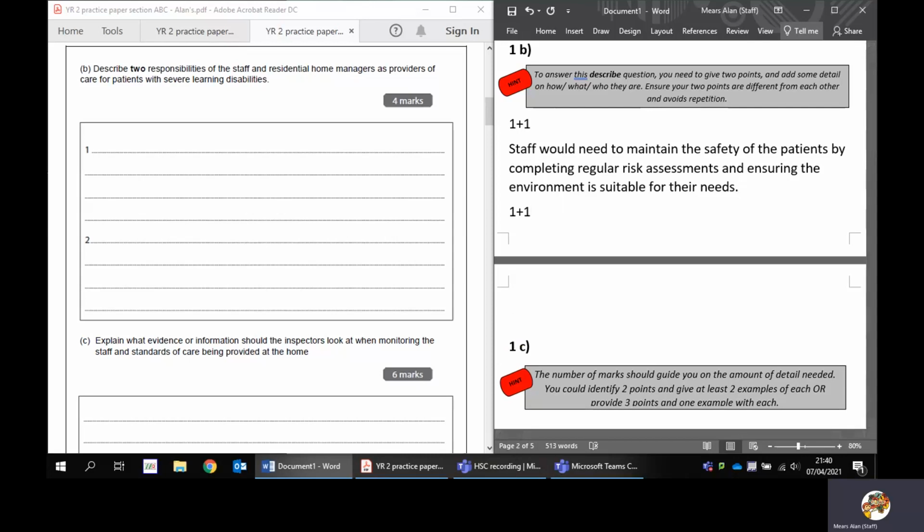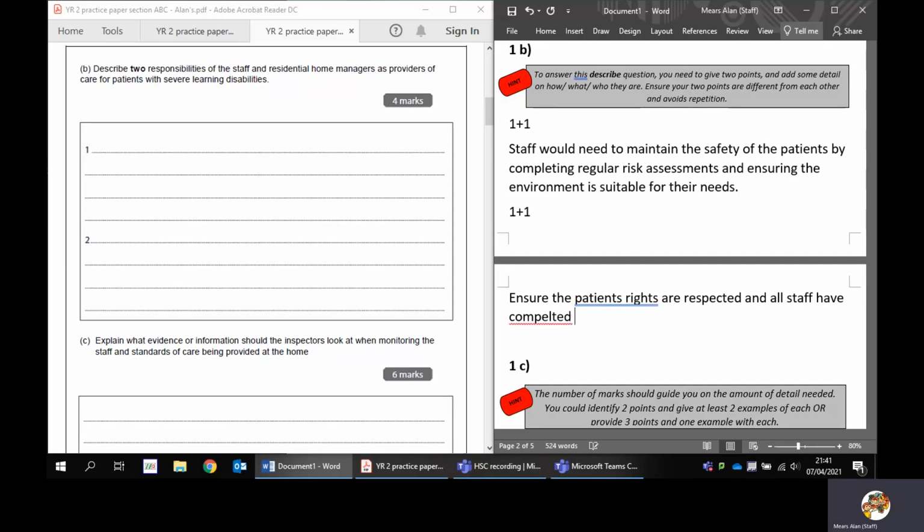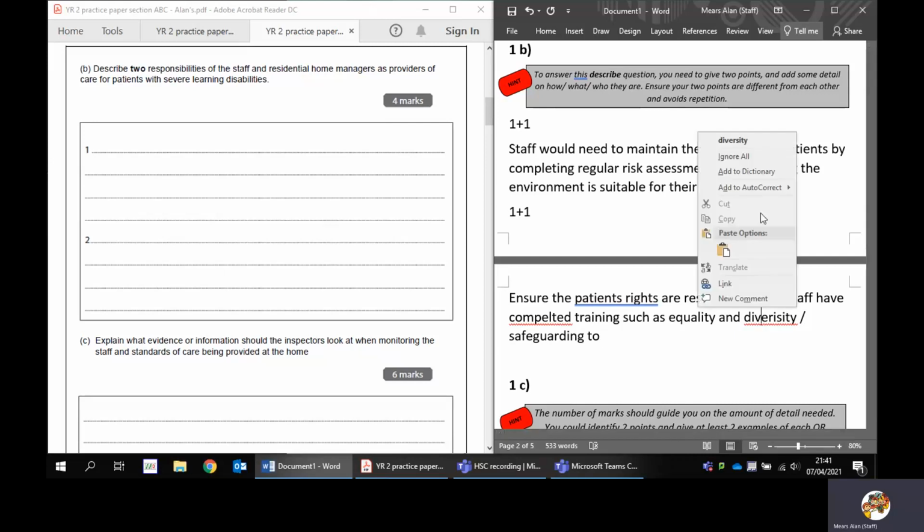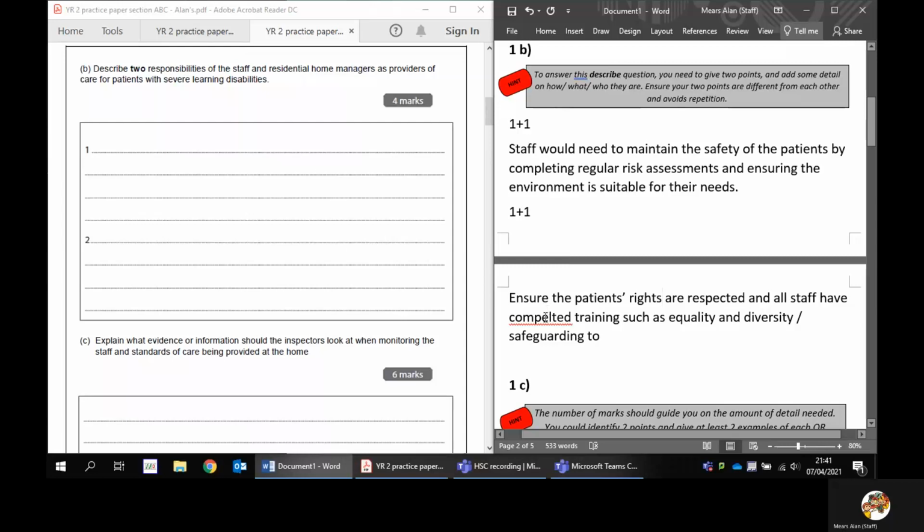Our second 1+1 would be to ensure the patients' rights are respected, and all staff have completed training such as equality, diversity, safeguarding, to help ensure the patients are protected.